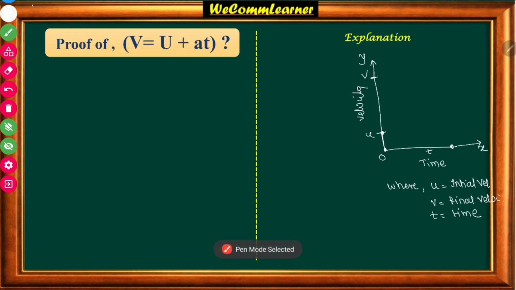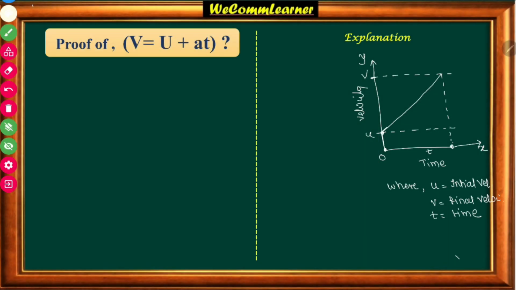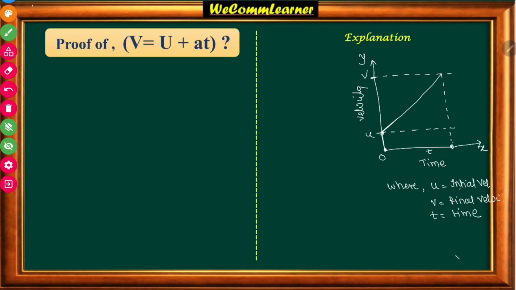Now I connect all those dots and try to find the exact path. So this is my exact path, the change of speed with respect to time.